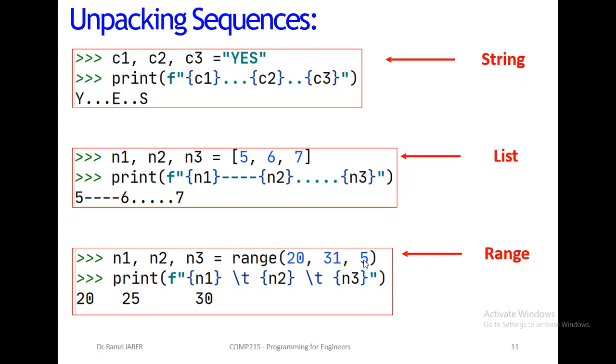So here we have 3 elements: 20 plus 5 is 25, plus 5 is 30, plus 5 is 35, and 35 is out of range. So we have only 3 elements, 20, 25, 30. As you can see here, N1 equals 20, N2 equals 25, and N3 equals 30. We can unpack a range or a list or any sequence. Okay? Any question here? Good.